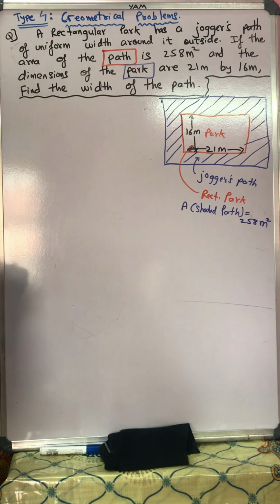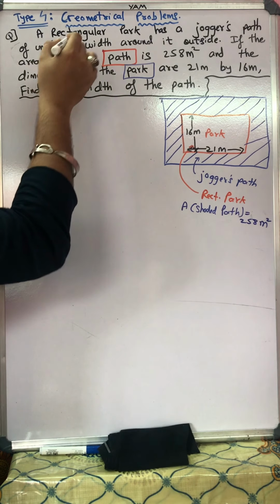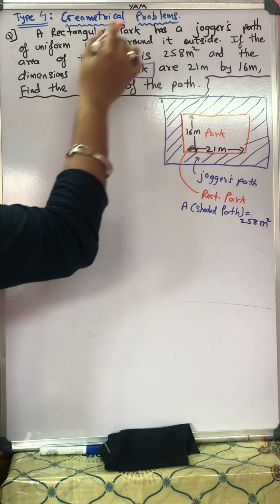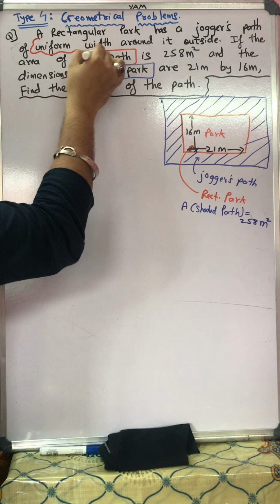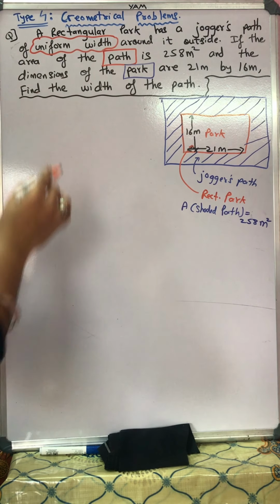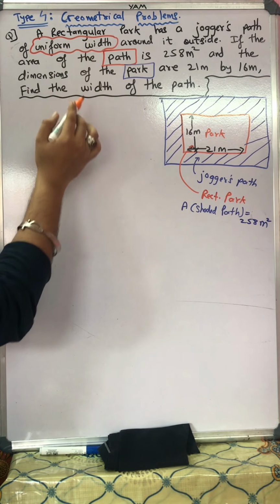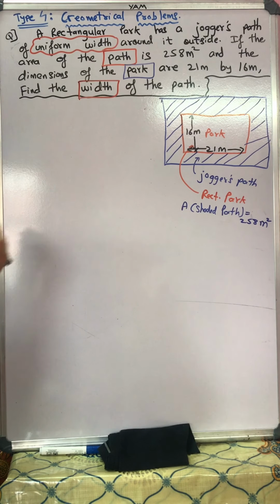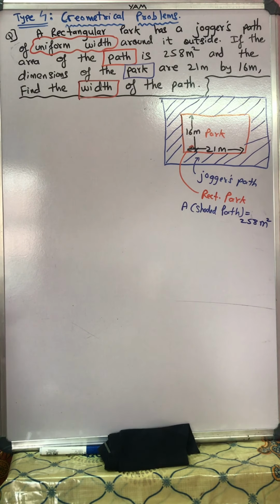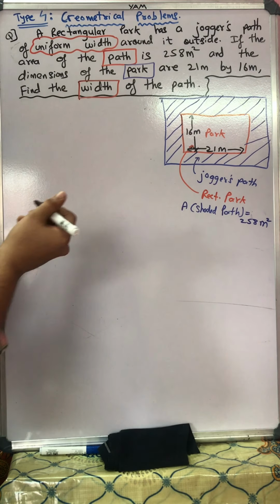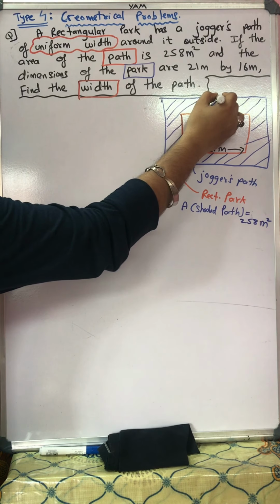Students, please pay attention. I want to highlight one word on the board. A rectangular park has a jogger's path of uniform width. Please see this, uniform width. And now they are asking me the width. Can I say the width is unknown and I need to find it, but it's uniform? So let's suppose that the width is x.